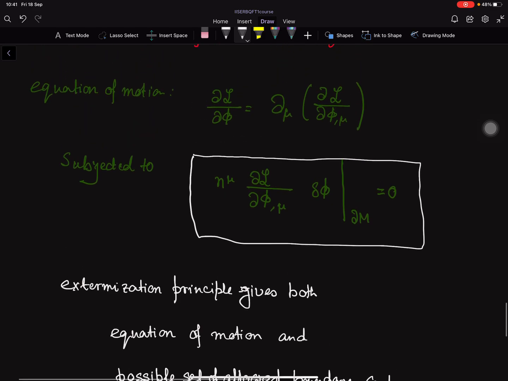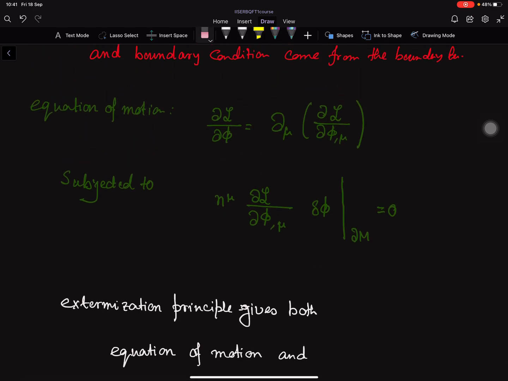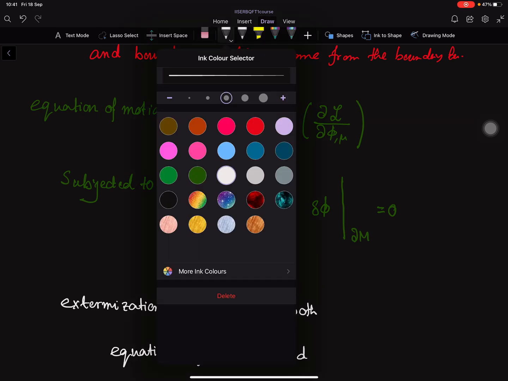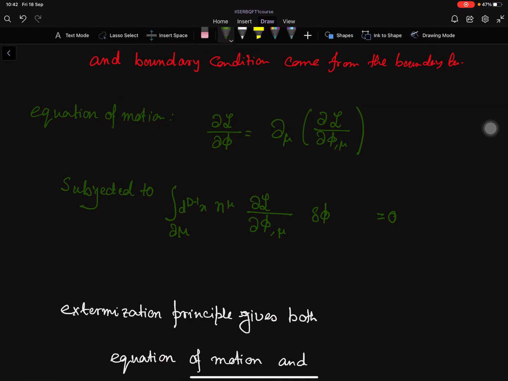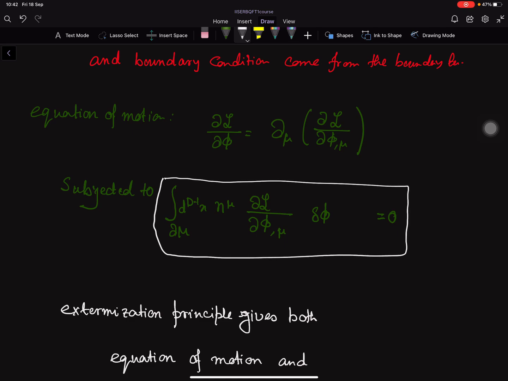Actually I was too quick here. You see, the boundary condition only requires that this integral d^(d-1)x over delta M is equal to 0. As long as this is satisfied, this is good.